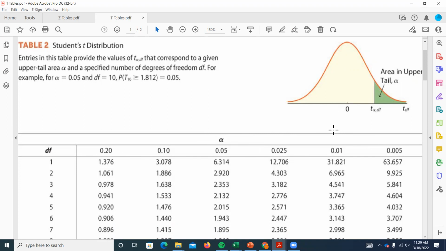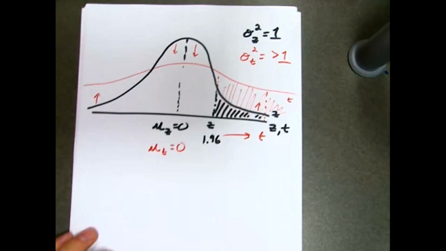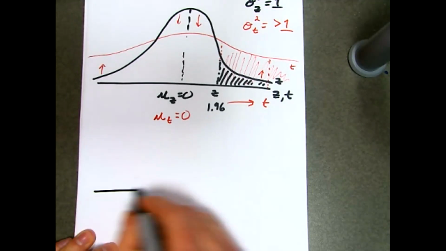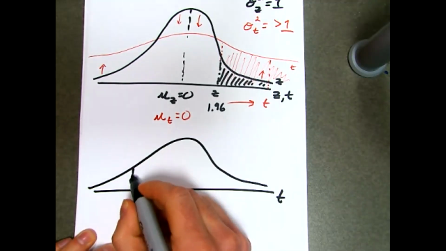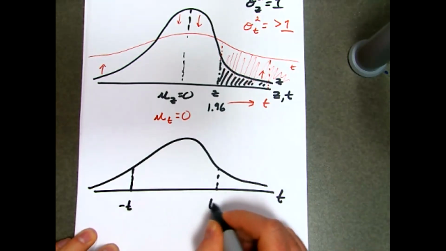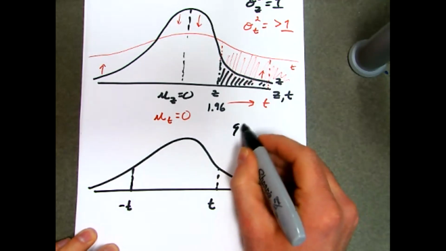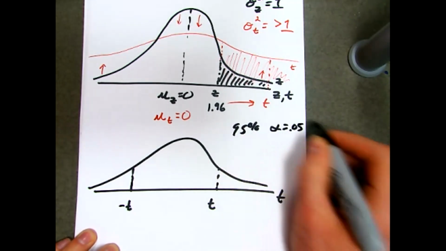For instance, I wanted 0.025 in my upper right tail, but I wasn't dealing with a standard normal distribution. Let's say we were building a confidence interval for the 95% confidence level. Alpha is 0.05.